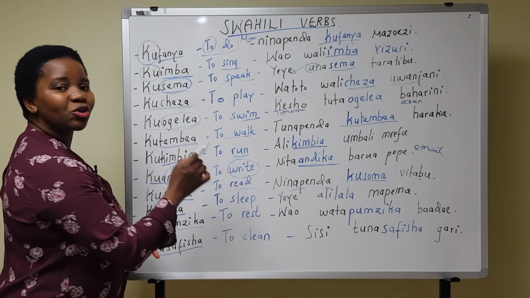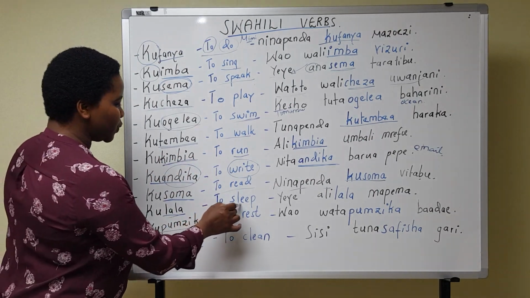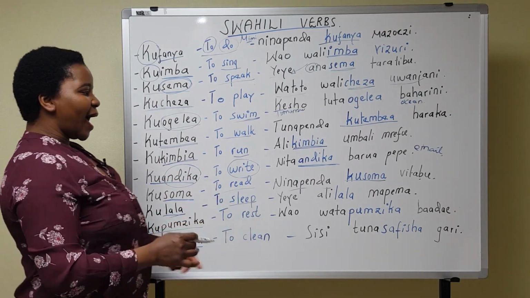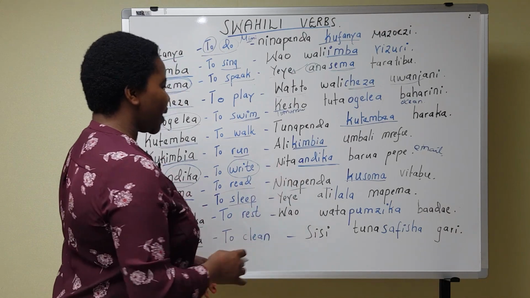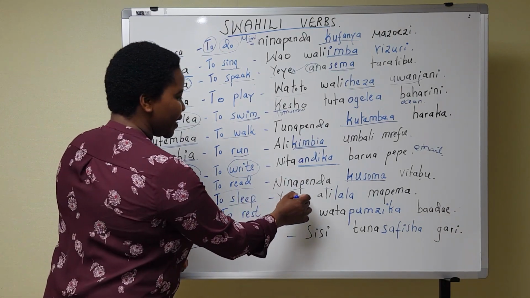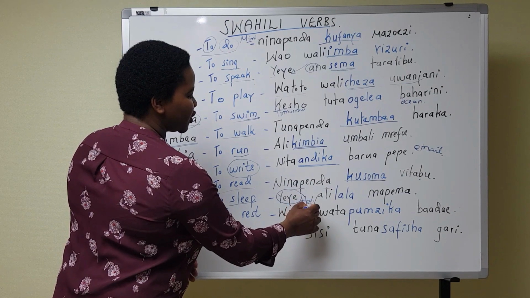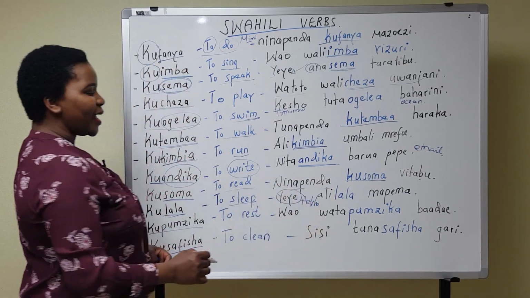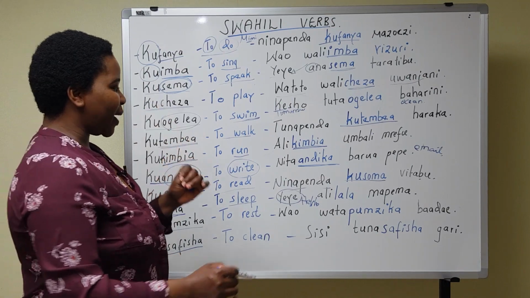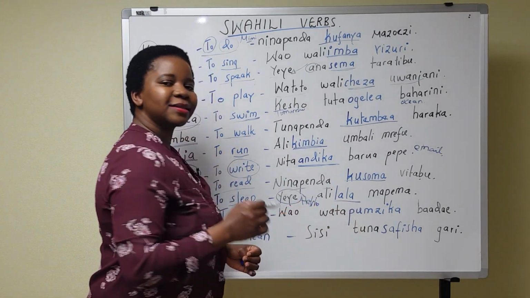Let's look at this example. Kulala, which is to sleep. Yeye alilala mapema. Do you remember, yeye tends to represent the personal pronoun he or she, okay? Yeye alilala mapema. Lala is sleep.